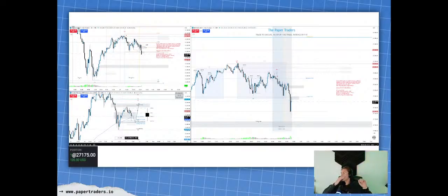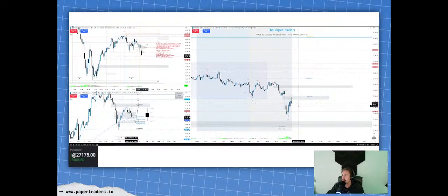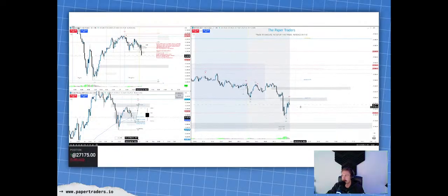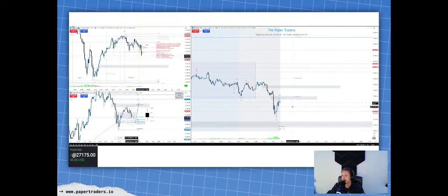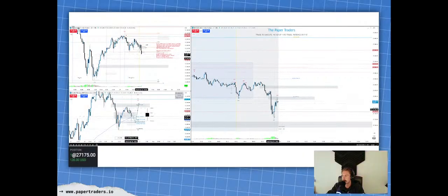I'm just curious to see where they want to take this thing. One minute forming out a swing failure pivot there. Yeah, we can't get back below this. We need to displace this level, continue to the upside on the 5 minute.